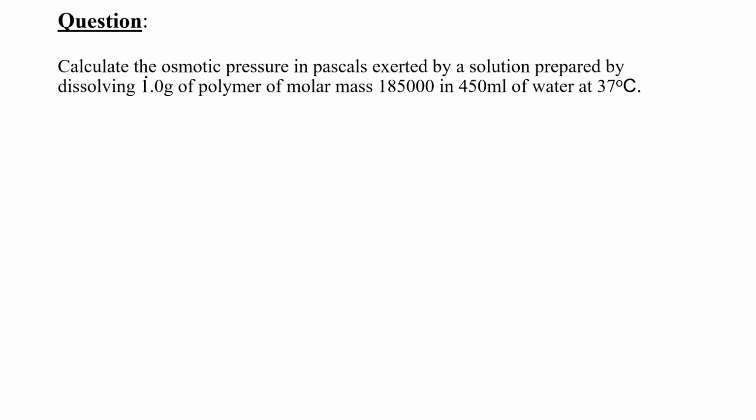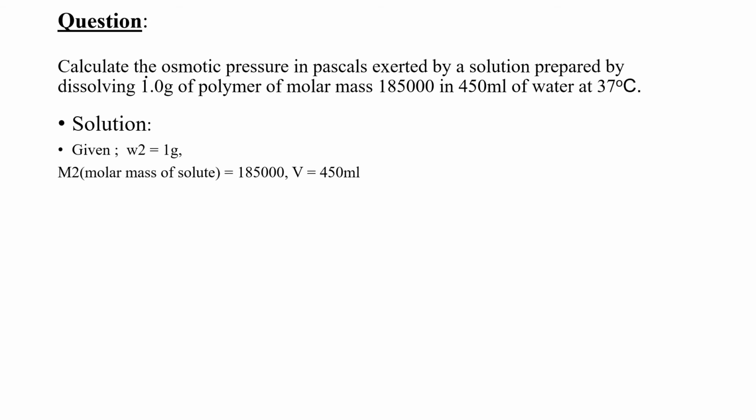Here is a question related to osmotic pressure. Calculate the osmotic pressure in pascals exerted by a solution prepared by dissolving 1 gram of polymer of molar mass 185,000 in 450 ml of water at 37 degrees Celsius. Given is the mass of polymer, that is 1 gram.